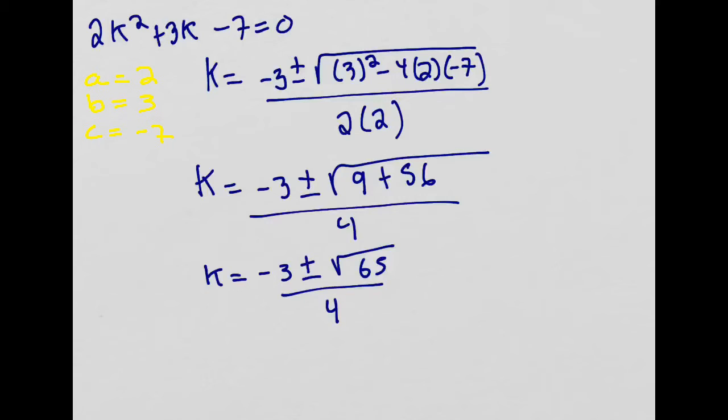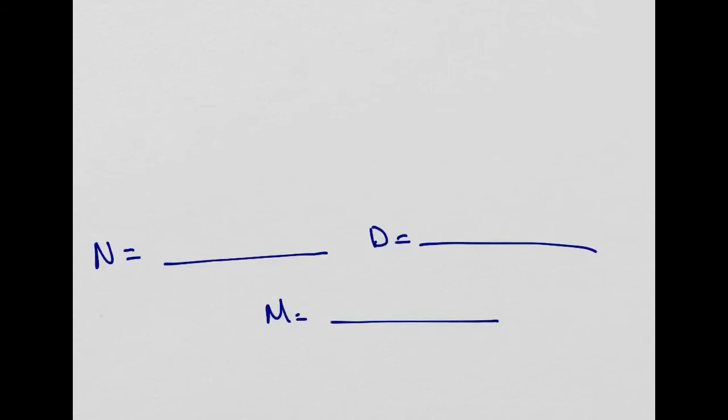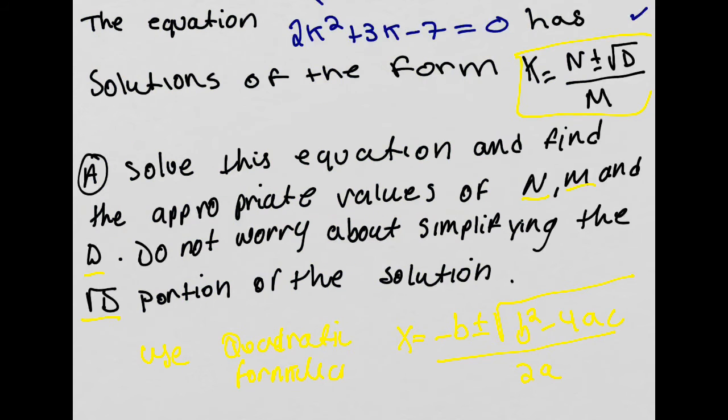Let's double check that again. 3 squared is 9. 4 times 2 times 7 gives you positive 56. You add them together, you get 65. Now, for part A, it wants us to write it in this format. This is how they want the answer.